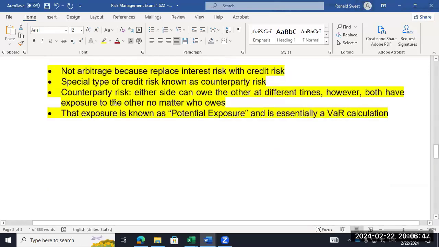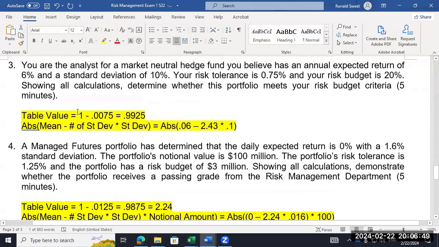All right, so here we've got this swap where they had an expected return of 6%, standard deviation of 10%. So we're taking the mean minus the 2.3 standard deviations, which equates to that 0.75 risk tolerance, times the standard deviation.